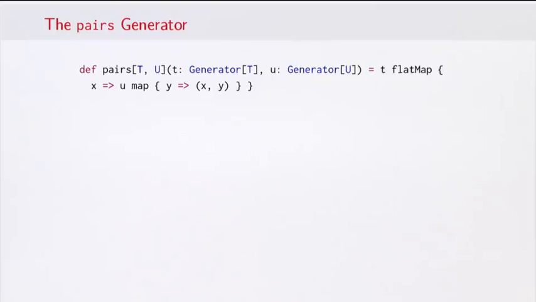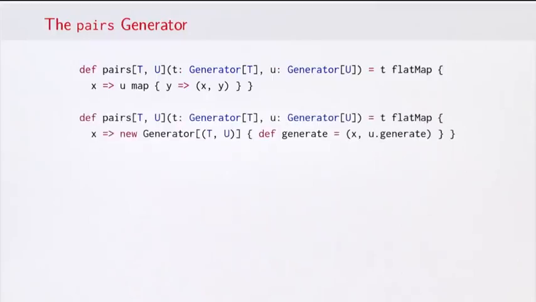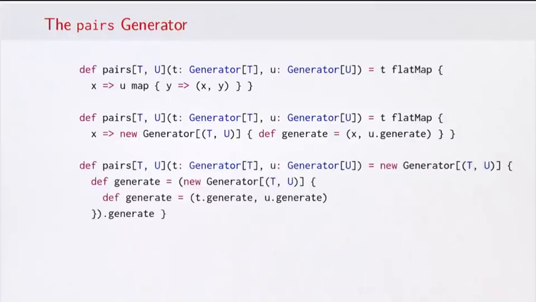Let's try the same thing with pairs. So here's already the expanded syntax of the for expression for pairs. If we expand the map, then that's what we get here. If we expand the flatMap, we get this expression here. So let's look at this in a bit more detail. We get a generator for pairs of T and U. Its generate method gives you the generator here that does the generation of the pairs like that.